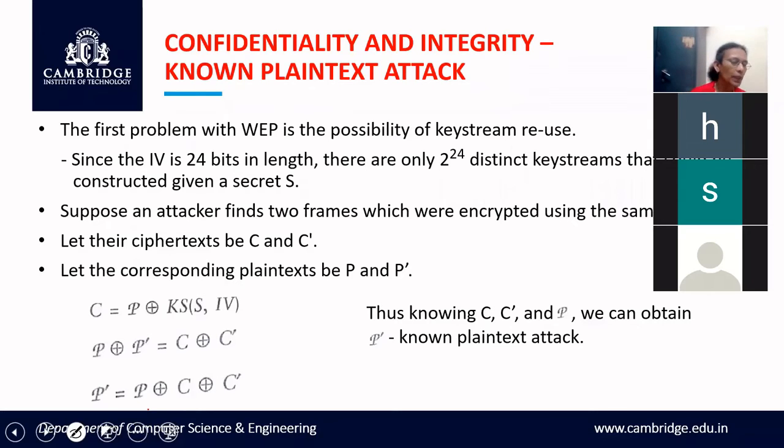In this way, if an attacker is able to get hold of C, C dash and P, he is able to get P dash. That is what is known as the known plain text attack. So this is one problem with WEP.